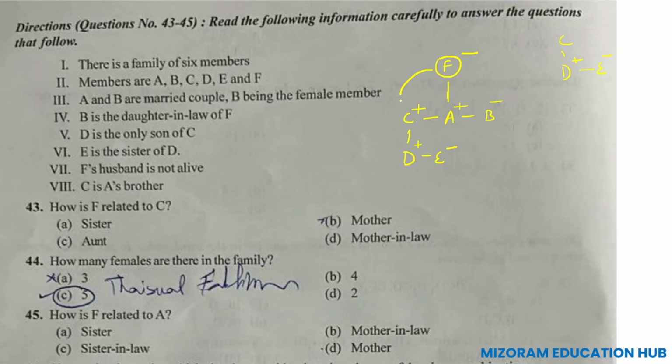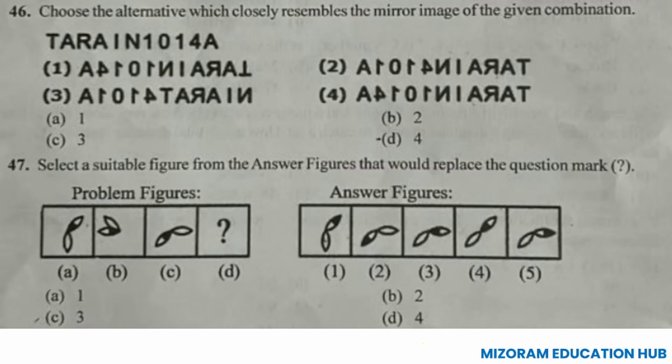F is A's mother, so definitely A and C are brothers, so F is C's mother. How many females are there in the family? 3 is correct answer. How is F related to A? F is A's mother. So D is correct.